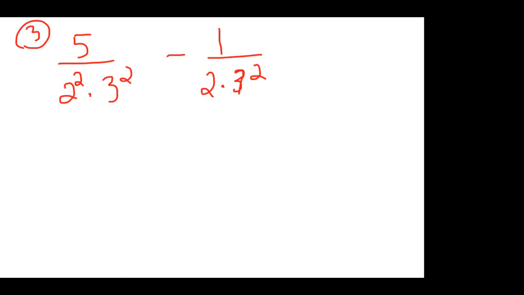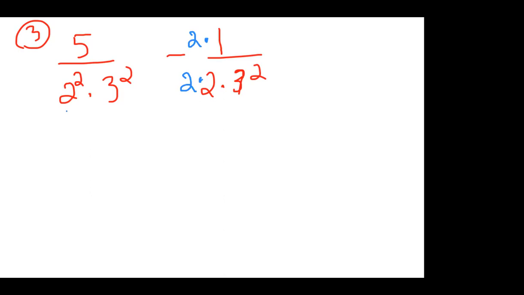So in other words, I have to multiply the second fraction by 2. So if I'm multiplying the second fraction by 2 in the denominator, so that both denominators have exactly the same thing, then I'm going to have to multiply the numerator by 2 as well. So now, guys, both fractions have a denominator of 2 squared times 3 squared.